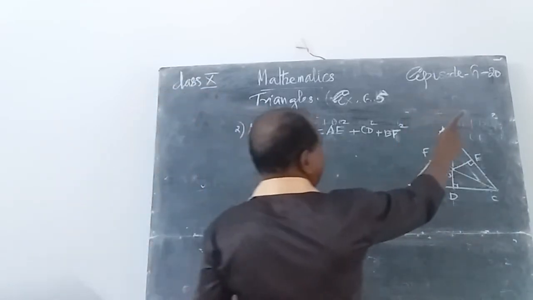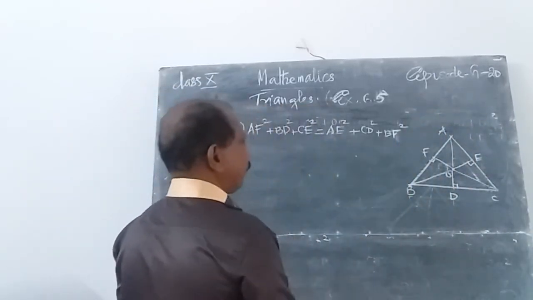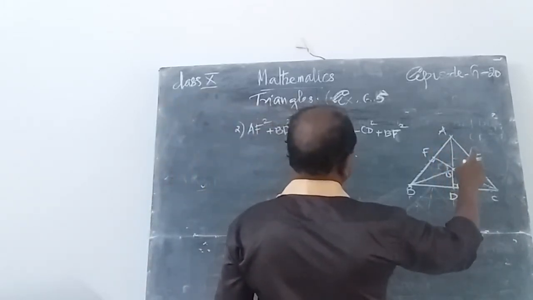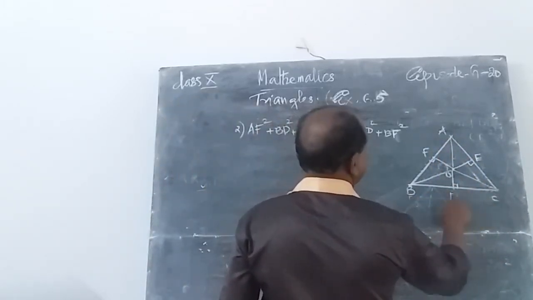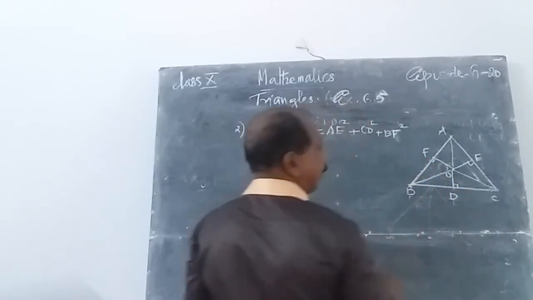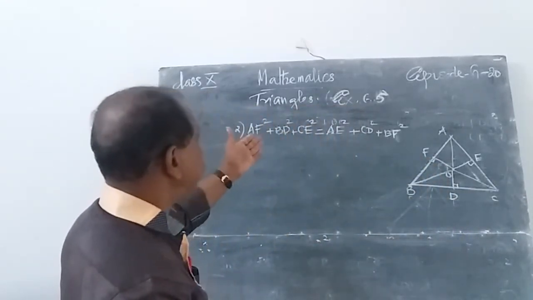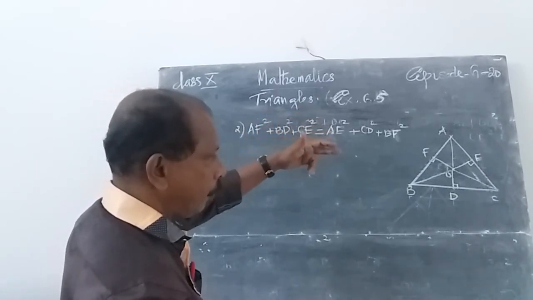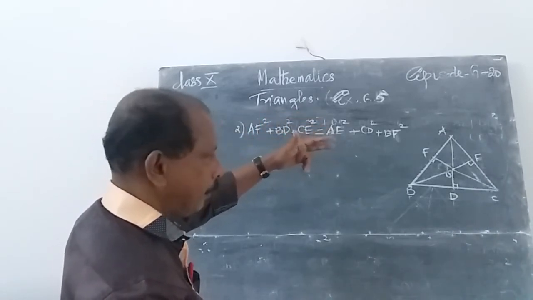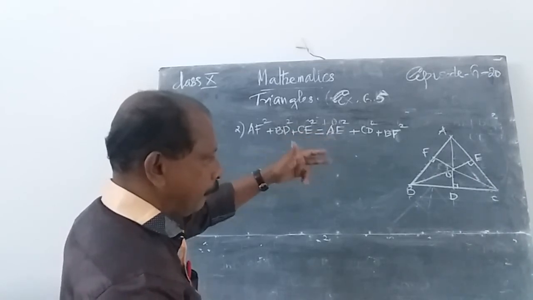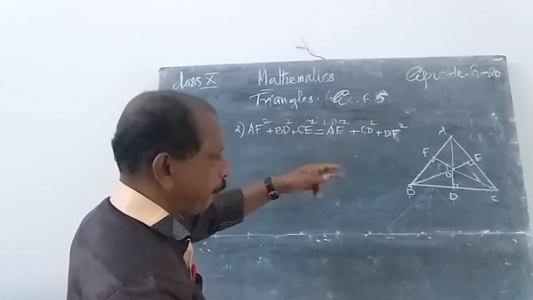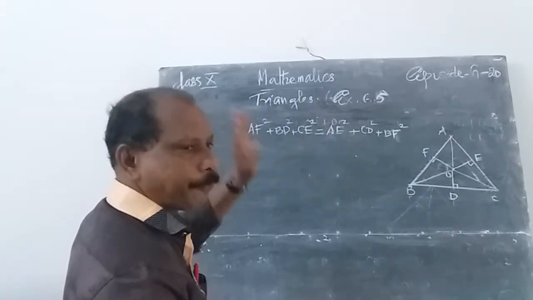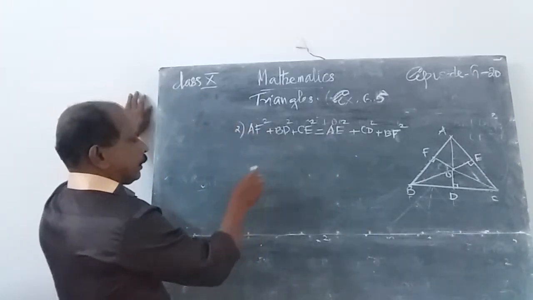Then AE, CD, BF. That means the sum of these three sides of those triangles: triangle OFA, then ODB, then OEC.